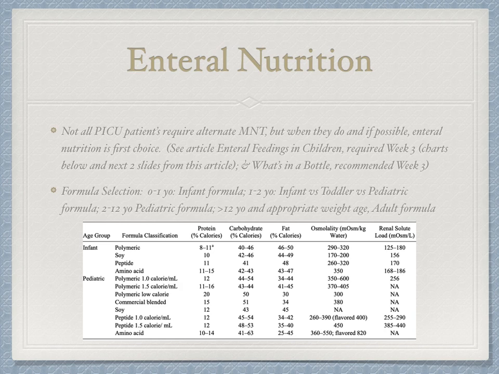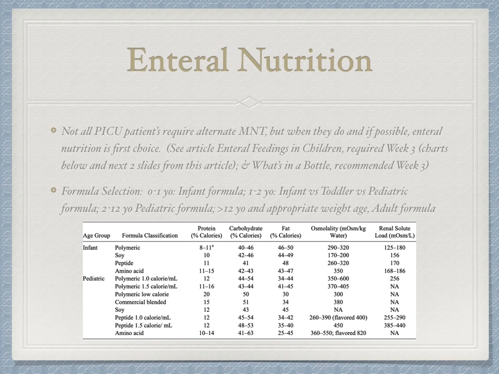So tolerance may be an issue if you've got, say, a 16-month-old who has never transitioned off an infant formula to a pediatric formula, and you change from 20 to 30 cal per ounce. That can cause some problems, so that's something you have to look at. For ages 2 to 12 years old, you'll want to use a pediatric formula.